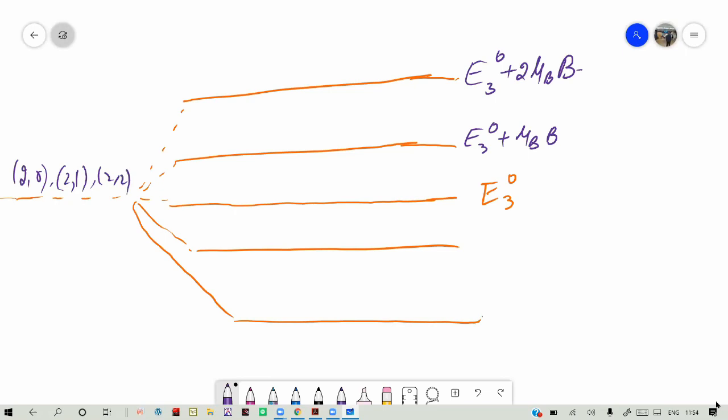Due to the magnetic field, the spherical symmetry is broken and the levels are given by ML. Yes, E30 plus 2 mu B B; this is 1 mu B B.